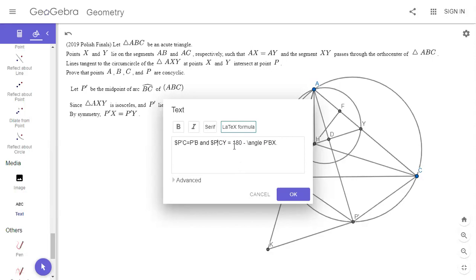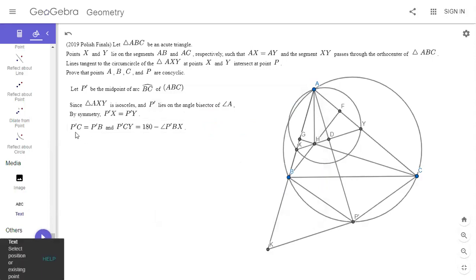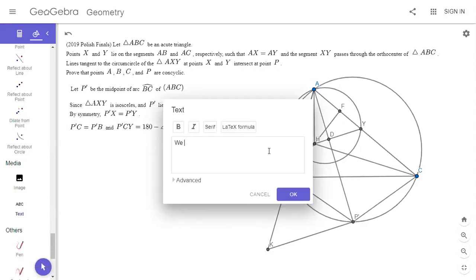So that means we can rotate the triangle. So then we can rotate triangle P prime CY so that P prime C goes to P prime B, then let Y go to K.